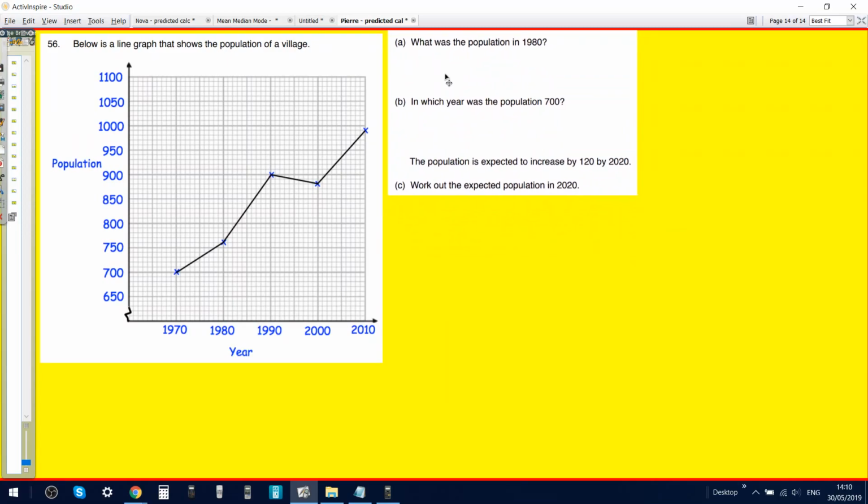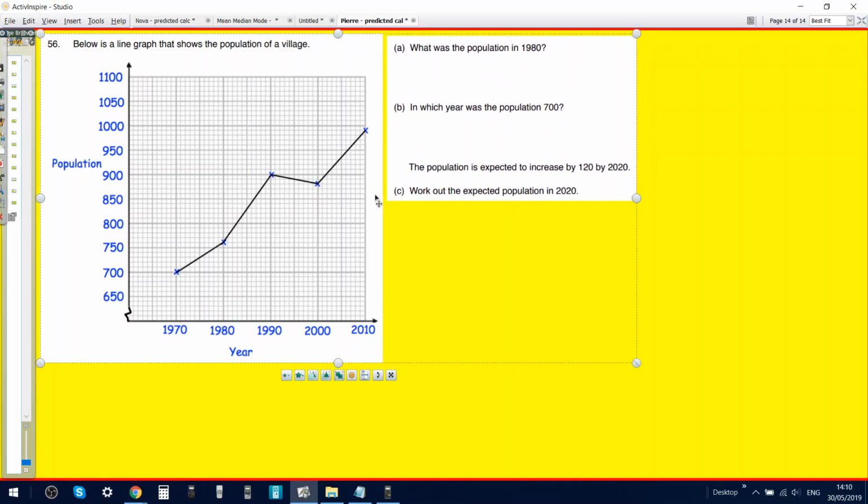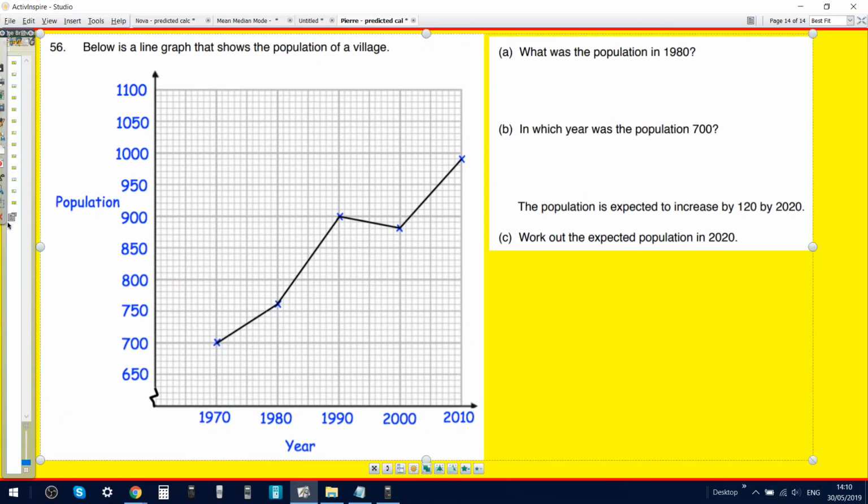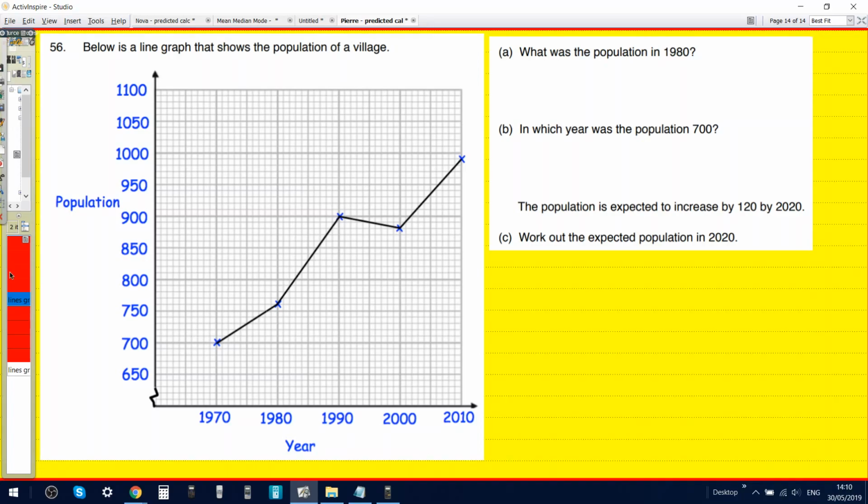A really difficult one, but I watched the video and it did make a lot more sense when I looked at the video. Hopefully I can pull it off. This is where we stopped yesterday, question 56. So we're making good progress.